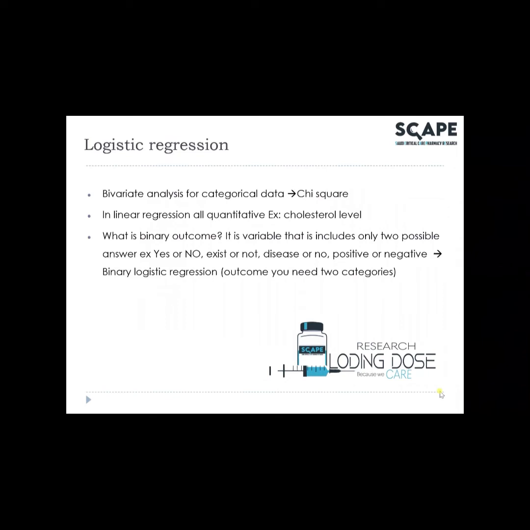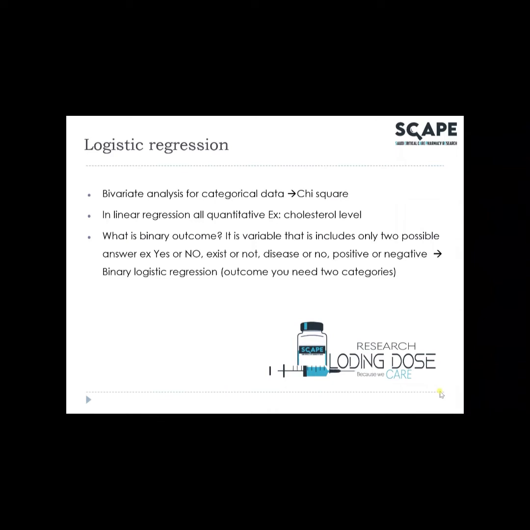We took bivariate analysis for categorical data with a chi-square, and we said linear regression is all about quantitative data, like the cholesterol level.